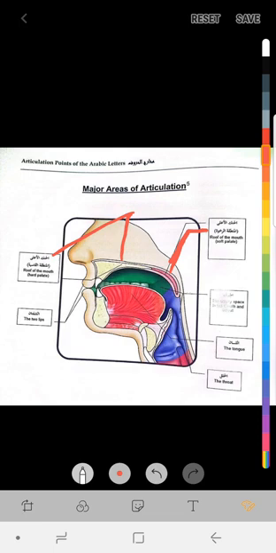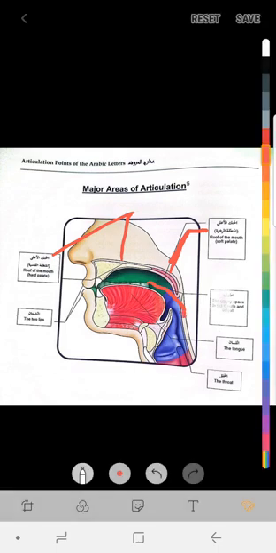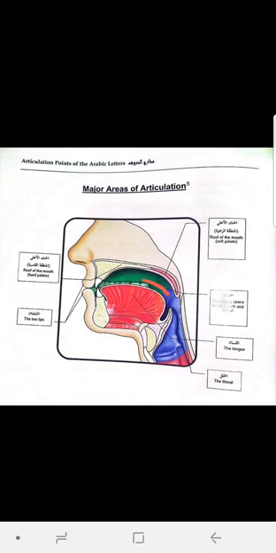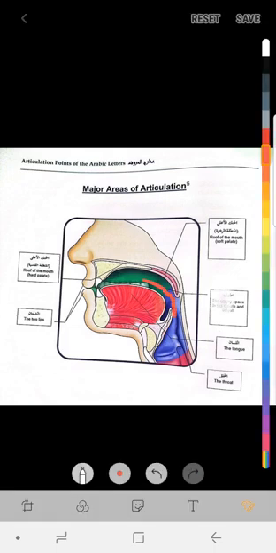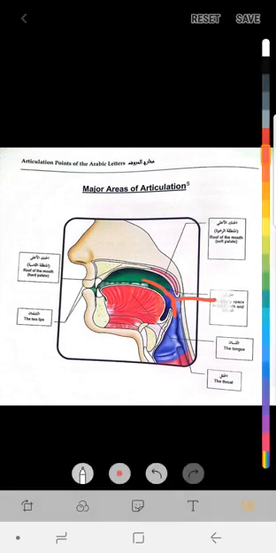We should recognize all these parts so that we come to understand how the sound of the letters emits or originates from these places. And this one area is the empty space in the mouth and the throat.